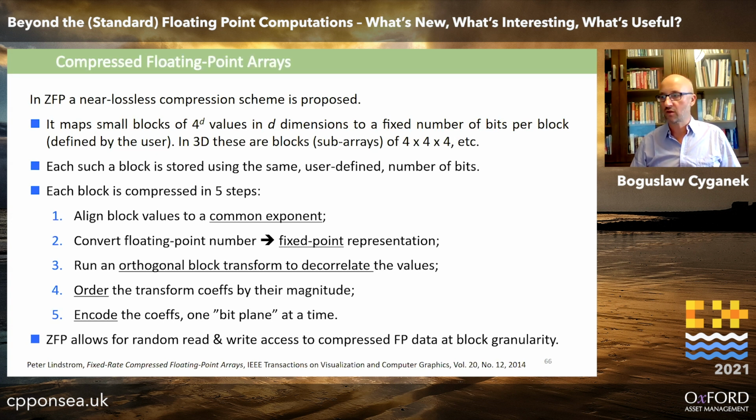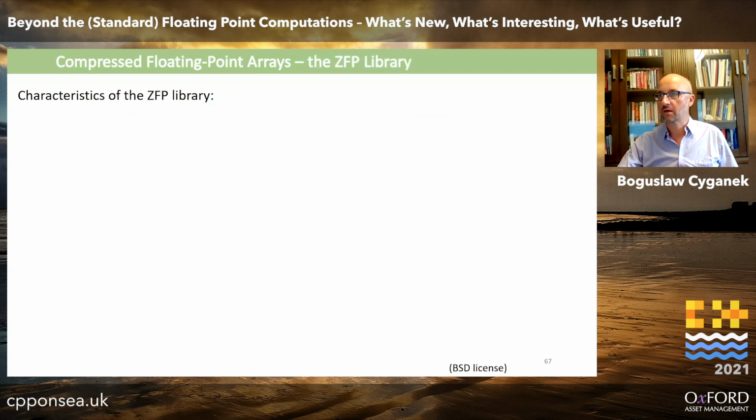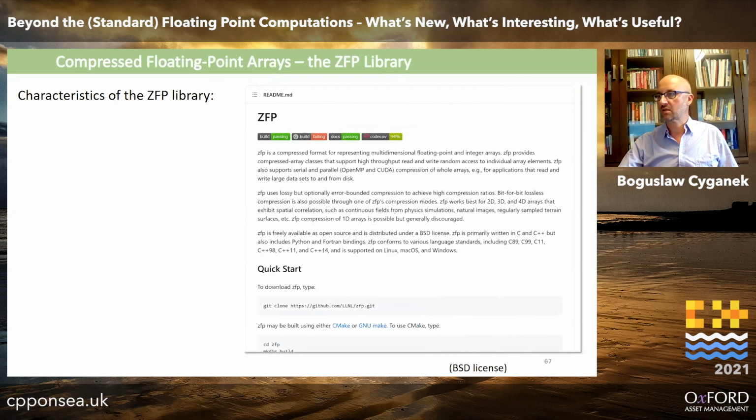And the thing is ready to read and write. Accesses can be random to compressed data. So you will see in a moment some examples of using this scheme and the C++ wrappers to the multi-dimensional vectors operating in accordance with this algorithm. So what is so characteristic of the ZFP library?